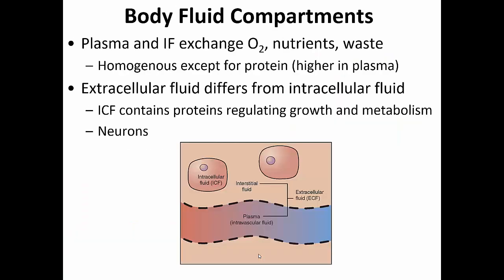On this slide, we want to emphasize the idea that all three of these different fluid components, plasma, intracellular fluid, and interstitial fluid, interact with one another to transport a number of items throughout the body. We don't talk about lymph in this particular slide. So, for example, in the case of the respiratory system, the point of breathing is to move oxygen into your blood.